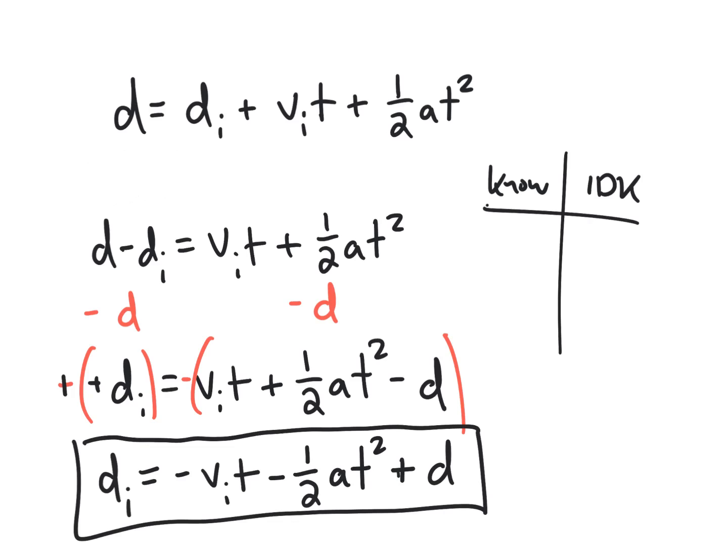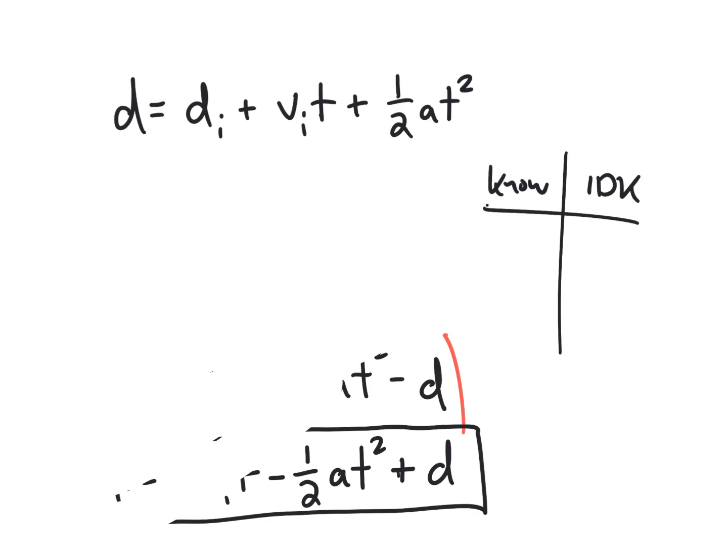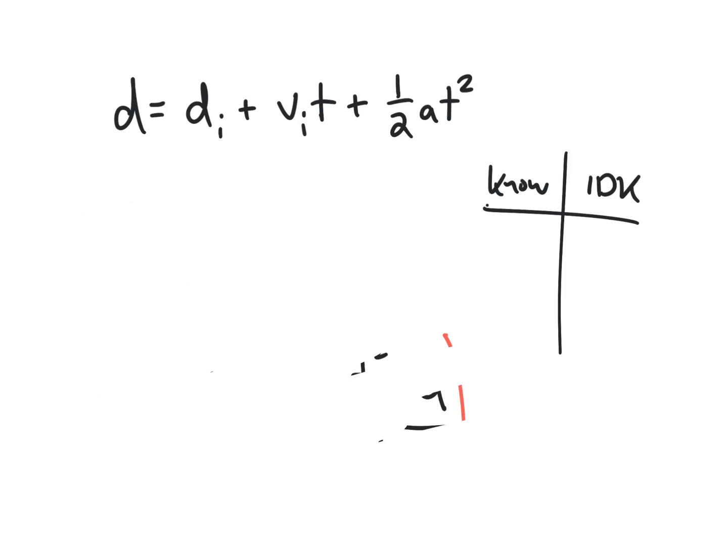If I want to solve for v sub i, my initial velocity, so I've got some problem where I know how far it went, I know how fast it was accelerating, I want to figure out how fast it was going at the beginning of the problem. I want to figure out v sub i. Well, to isolate v sub i, I need to move everything except v sub i to the other side and get v sub i by itself.